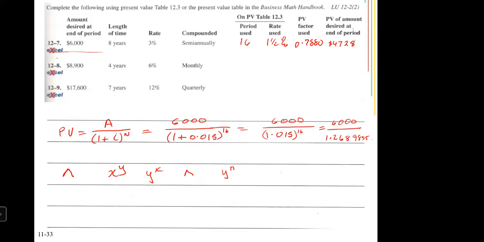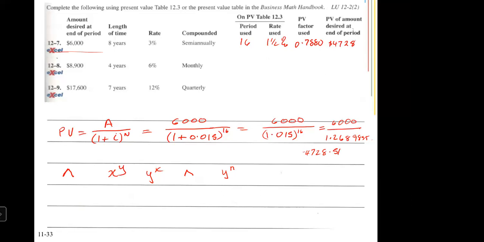Okay. So once you do that, you should get roughly the same answer that we had for the question, but you'll get a few cents. All right. So you get 4,728, and it looks like 51 cents or something like that.